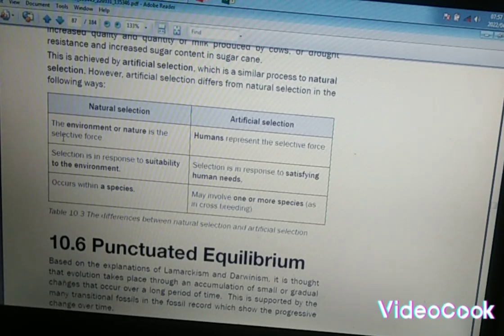But then in artificial selection, humans are present and we represent the selective force ourselves, right? If it was in Zimbabwe, I would breed my hard Mashona type. We have a cow that we call hard Mashona type. It doesn't grow that tall, but then it's drought resistant. It can survive in drought conditions, in hard times. I can breed it with my very good breed.